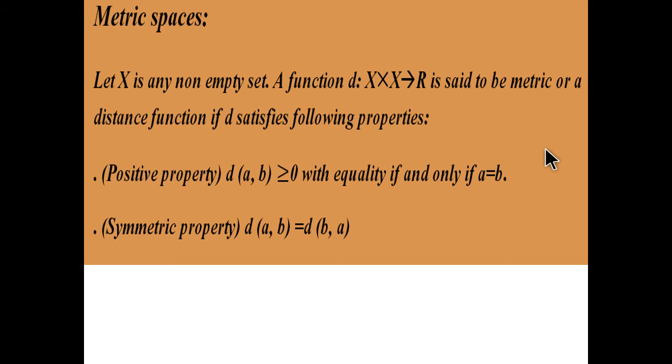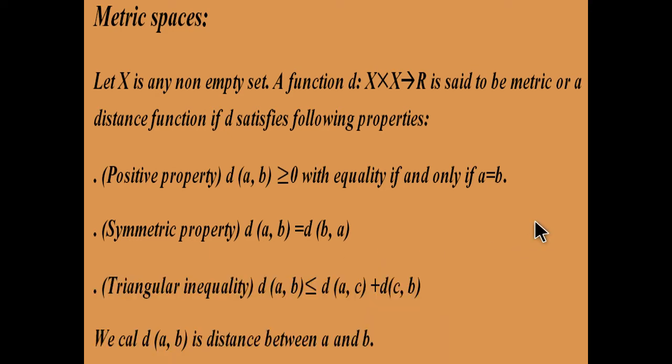That is, the distance between A and B is equal to the distance between B and A. The third property is the triangular inequality. What is that? The distance between A and C plus the distance between C and B is always greater than or equal to the distance between A and B. So d(A,B) is called the distance between A and B.